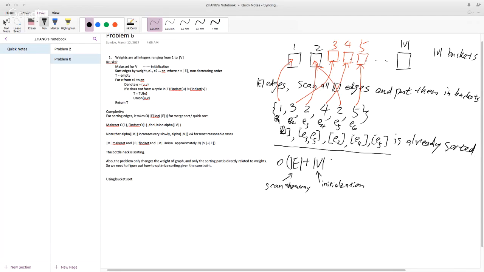So altogether, it's linear time. Compared to the original O(E log E), this is a huge improvement over merge sort.